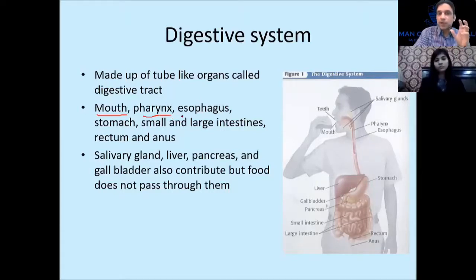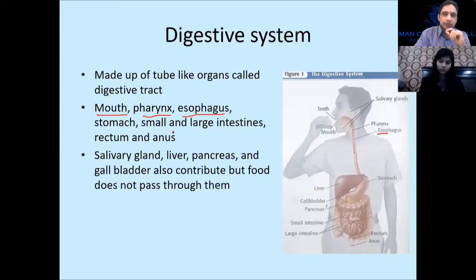Then from the pharynx, the food enters into the esophagus. So here is the mouth. There is the pharynx here, and then it enters into the esophagus. The esophagus is also called the food pipe.